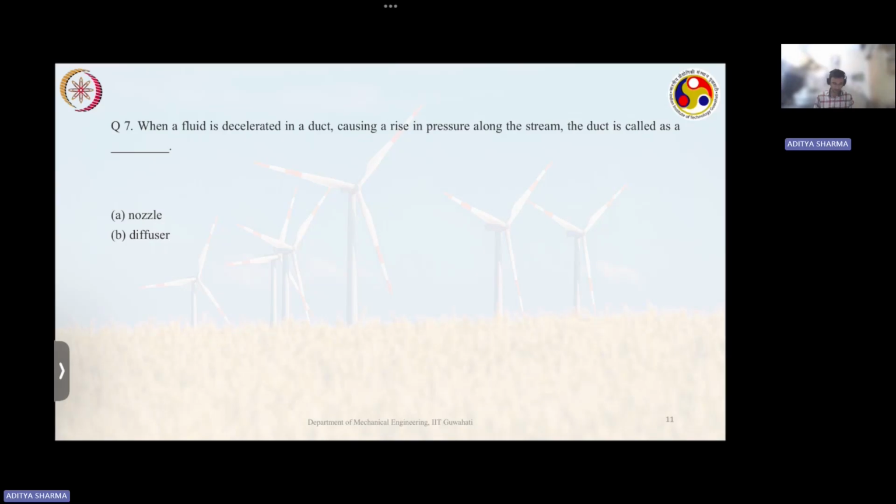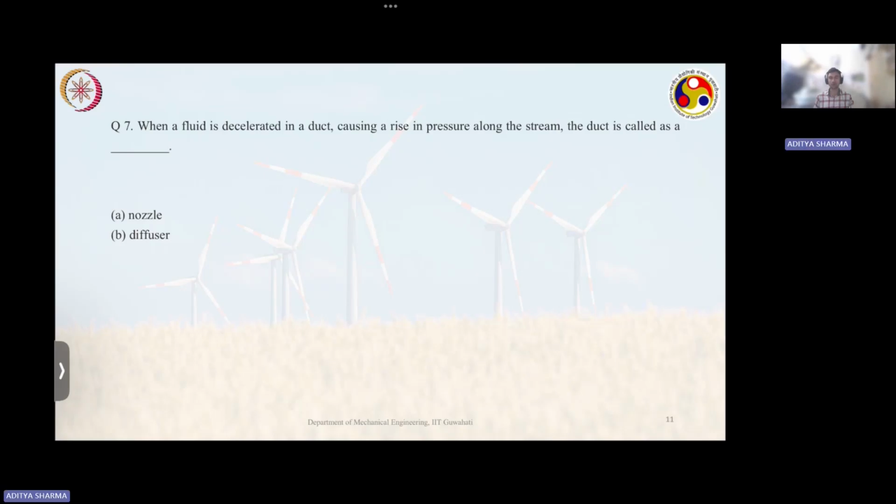So we can continue with the session. Question number 7 says that when a fluid is decelerated in a duct, causing a rise in pressure along the stream, the duct is called a what? A nozzle or diffuser. There are two actions: nozzle action and diffuser action. Nozzle action is to increase the velocity of the fluid, and diffuser action is to reduce the velocity of the fluid.